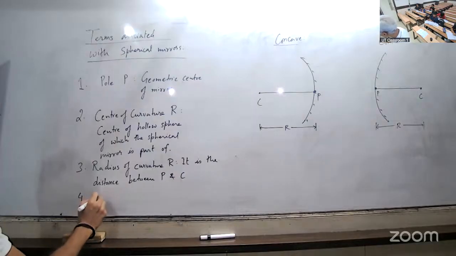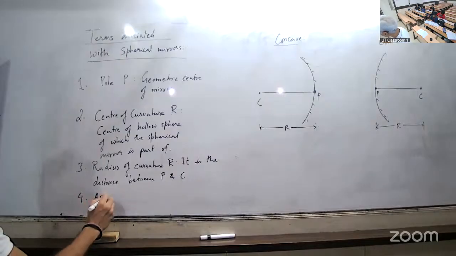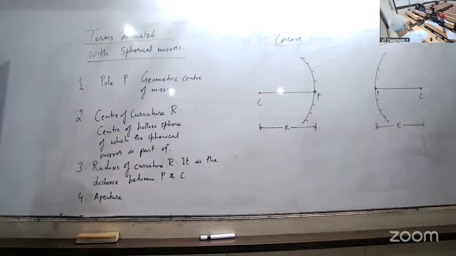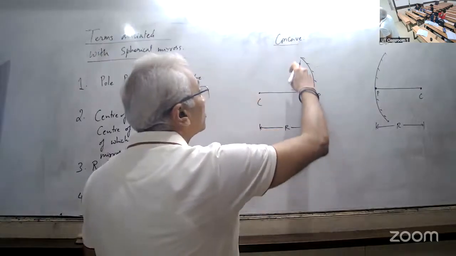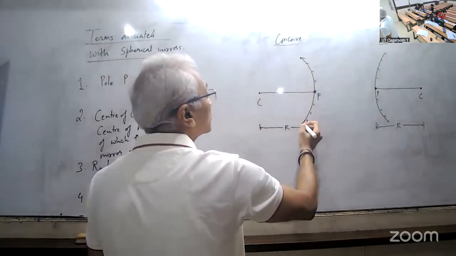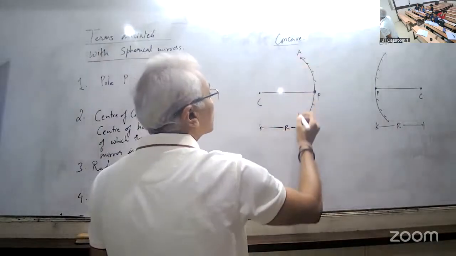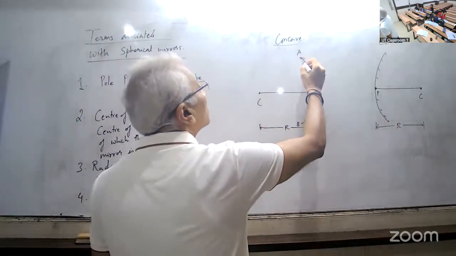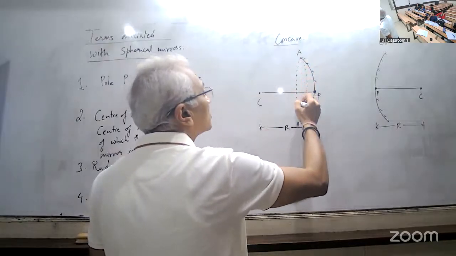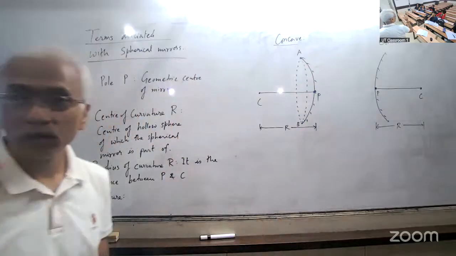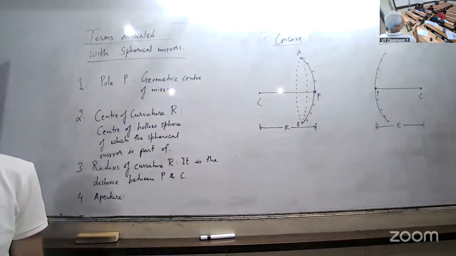Then aperture. So the next thing is aperture. What is aperture? From a sphere, when you cut a mirror, this mirror will have a circular edge. If you cut a sphere, it will be like a hole.